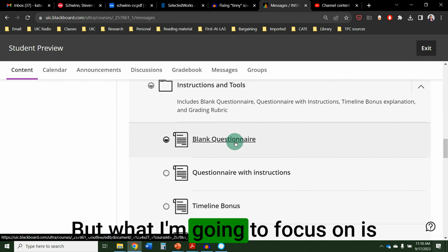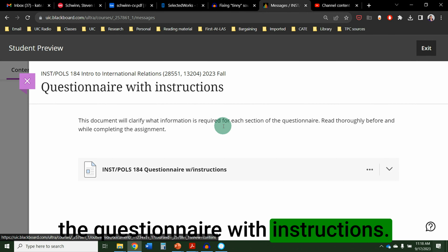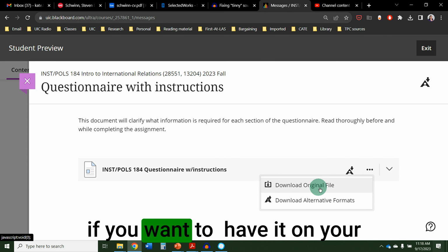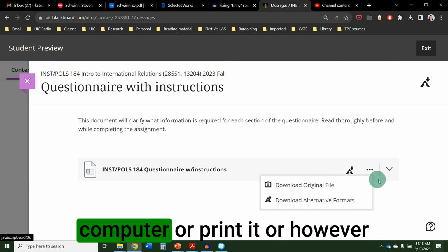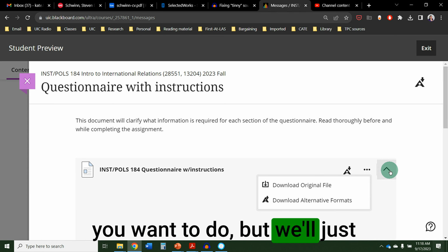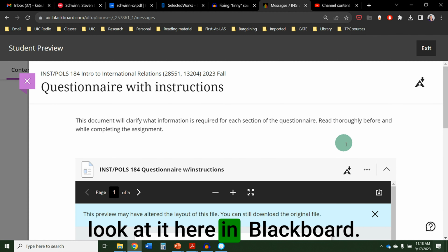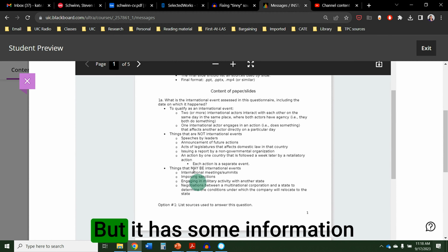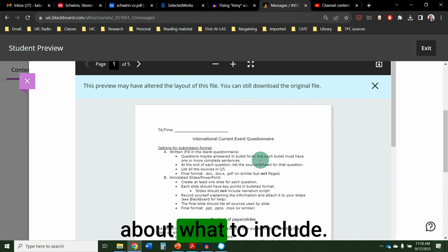But what I'm going to focus on is the questionnaire with instructions. Again, you can download this if you want to have it on your computer or print it or however you want to do it, but we'll just look at it here in Blackboard. You'll notice it's the same thing, but it has some information about what to include.